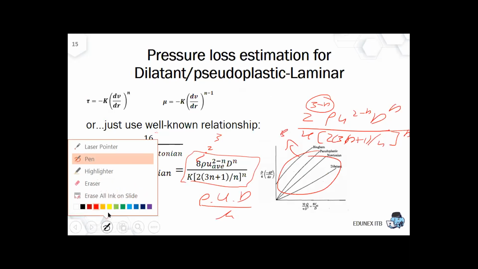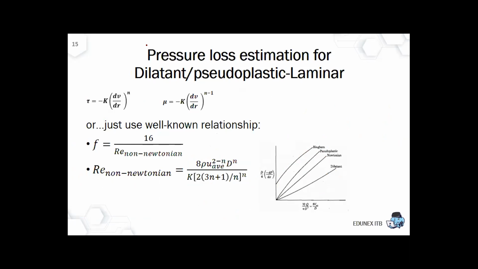Let me clear it for a while. For any rheometer, they are not going to give you K. It's not like that. For any rheometer, the data is the apparent viscosity at a certain shear rate.